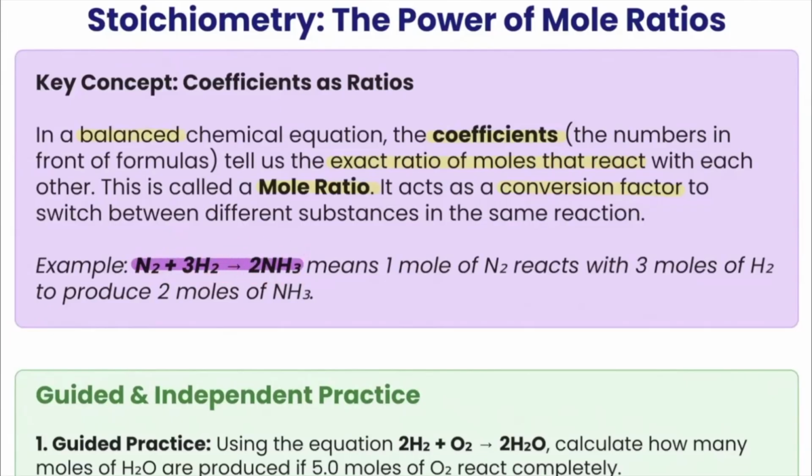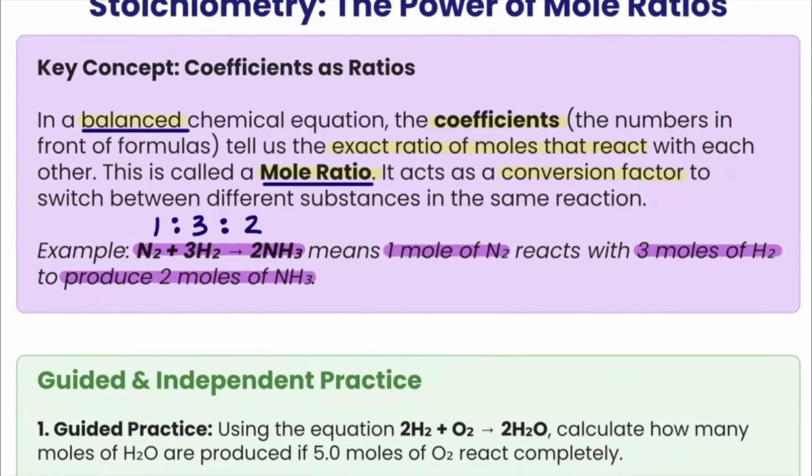So, what the coefficients are essentially telling us is that for every 1 mole of nitrogen reacting with 3 moles of hydrogen, we're going to produce 2 moles of ammonia. Those numbers, the 1 to 3 to 2, that's the mole ratio. So whenever you need to go from one substance to another, you must use the balanced chemical equation.